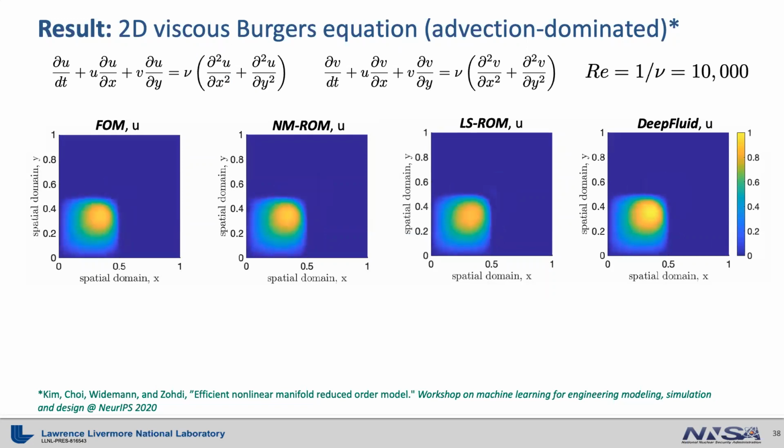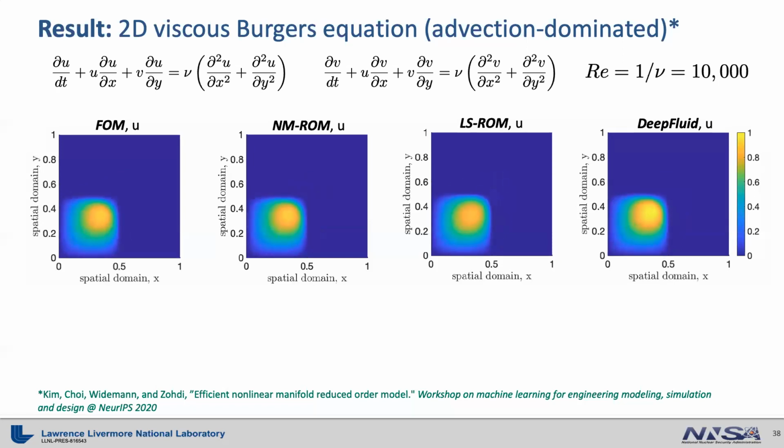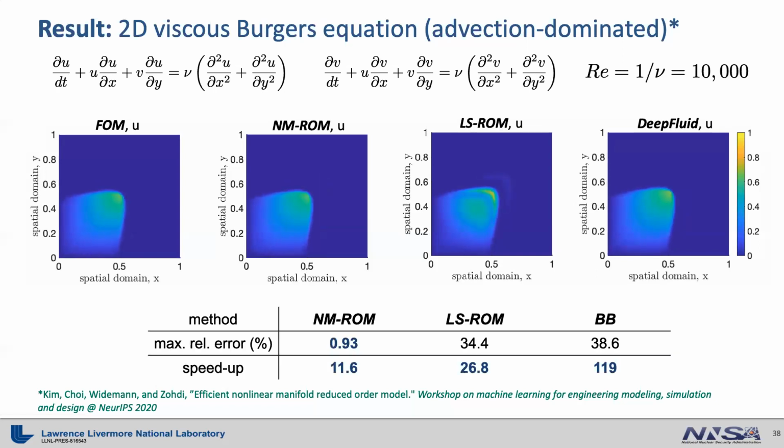As you can see from the movies, MM-ROM and the full order model are almost identical in eyeball norm, while LS-ROM, the traditional reduced order model, shows fictitious oscillations in front of the shock wave. The black box approach looks okay in eyeball norm, but the actual relative error was around 38%.